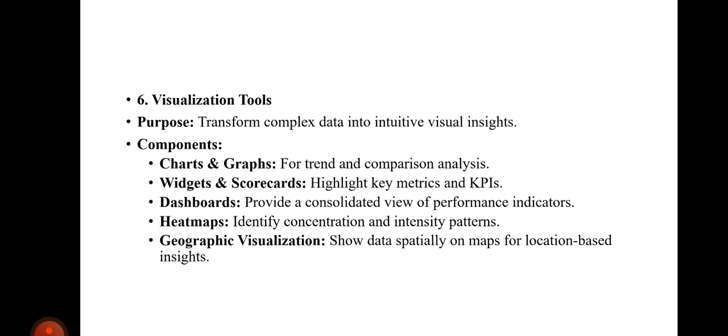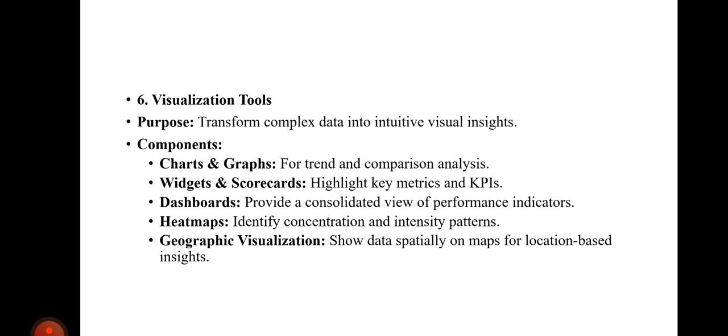It transforms complex data into intuitive visual insights: charts and graphs for trend and comparison analysis, widgets and scorecards to highlight key metrics and KPIs, and dashboards to provide a consolidated view of performance indicators. A heat map is a graphical representation using colors to show data intensity or magnitude.